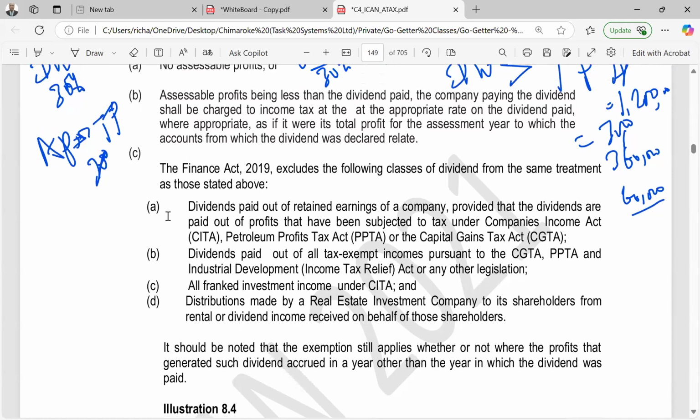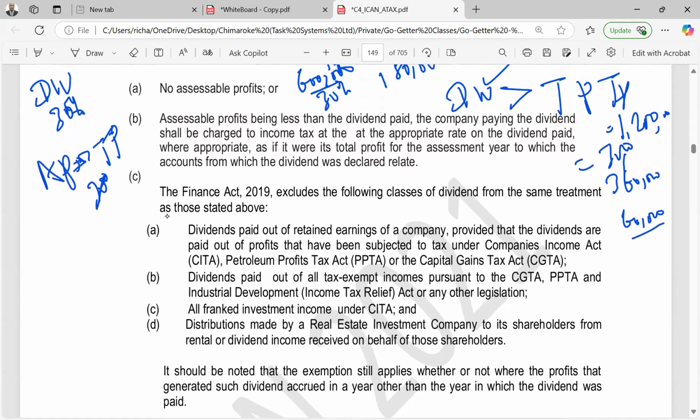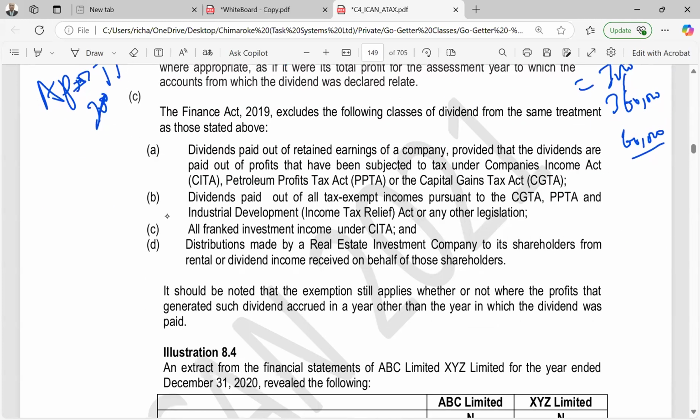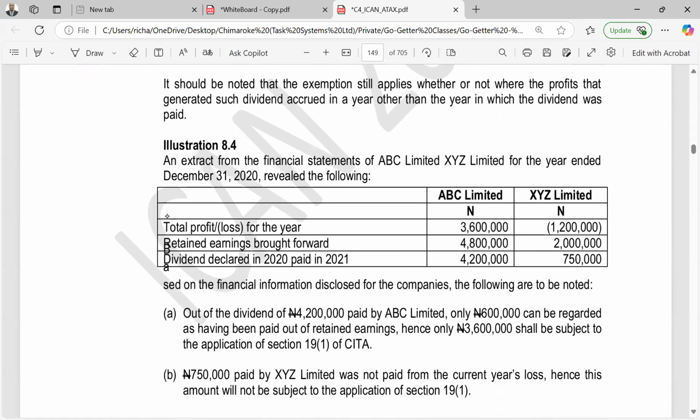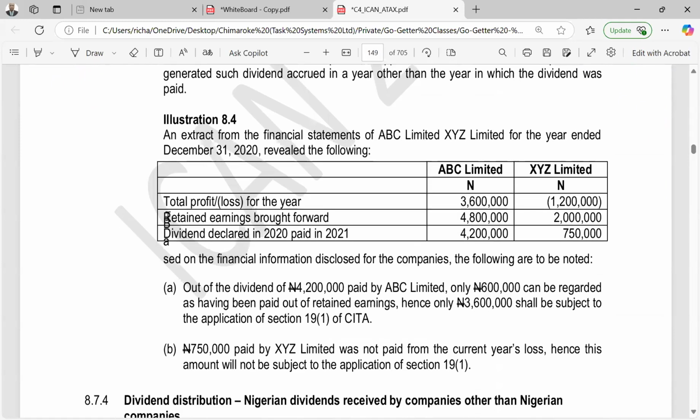So this 3.6 shall be subjected to tax, and this 600.